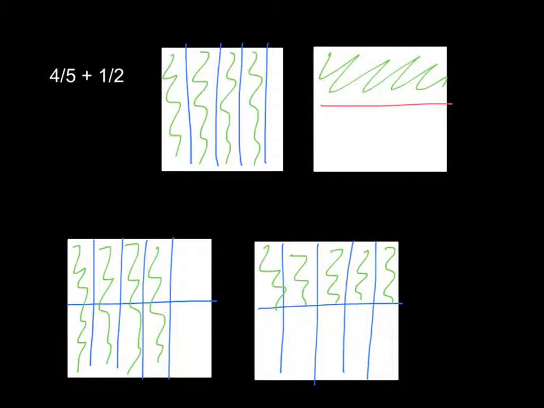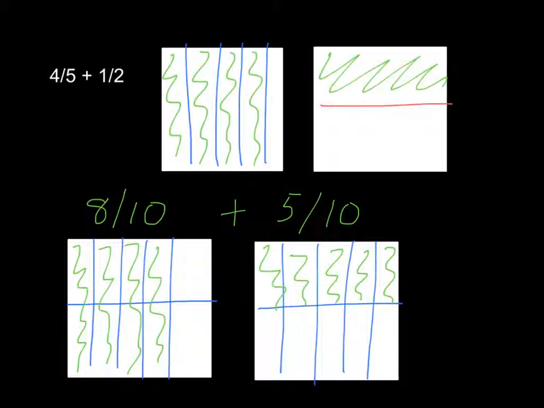And when I combine that, I find that I have 10 sections. Now in 4/5, I find that I have 8 of those 10 sections, or 8/10, filled in. And I'm adding 1/2, which is 5 of those 10 sections.